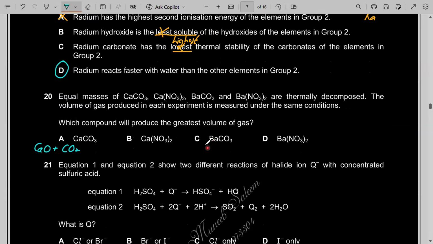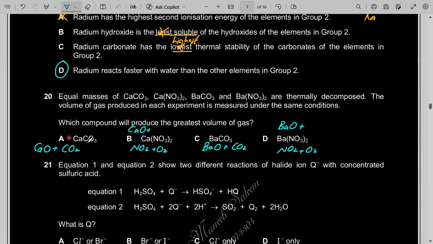Similarly, barium carbonate will also produce barium oxide plus carbon dioxide. So there is just one gas produced here. But in the case of the nitrates, there will be three products: calcium oxide plus nitrogen dioxide plus oxygen gas. Similarly, for barium, option D, barium oxide plus nitrogen dioxide plus oxygen gas.